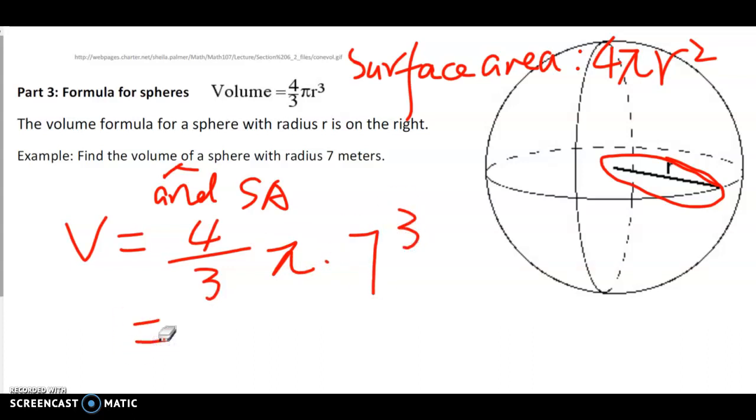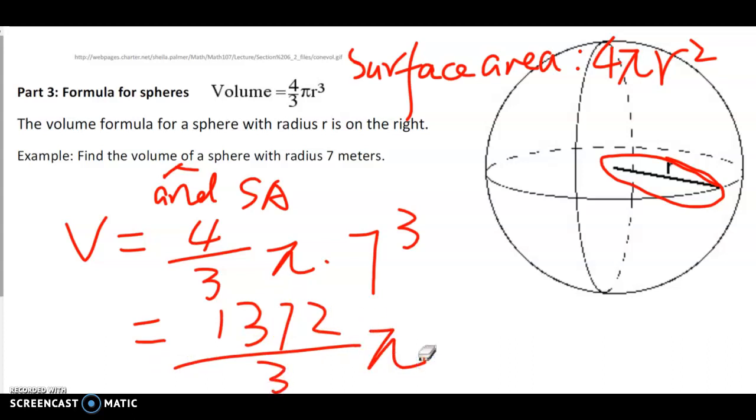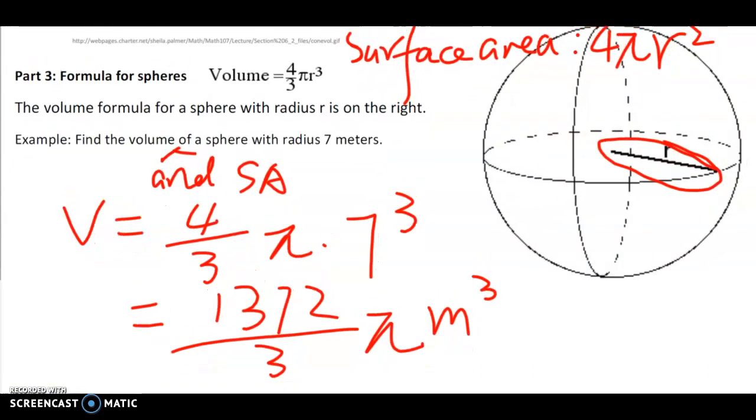For this one, we could leave it as a pi term. We put it in the calculator: 7 cubed times 4 is 1372 over 3 pi meters cubed. Okay, so this is for volume.